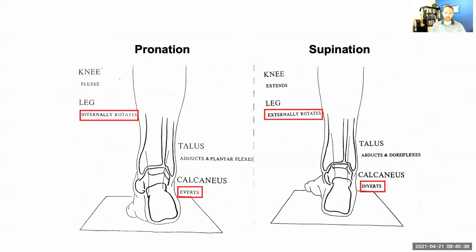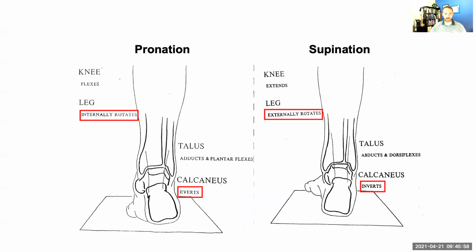To illustrate this further, we can actually look from the vantage point of the hind foot during pronation and supination. So during pronation, our calcaneus is going to evert or go into a more calcaneal valgus, hind foot valgus position, which leads to more of a pronation moment on the medial side.